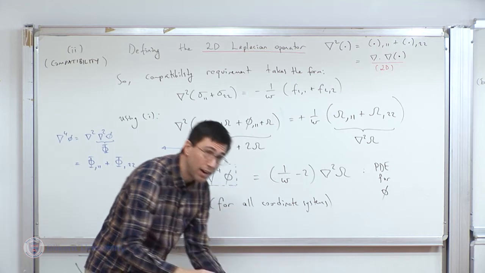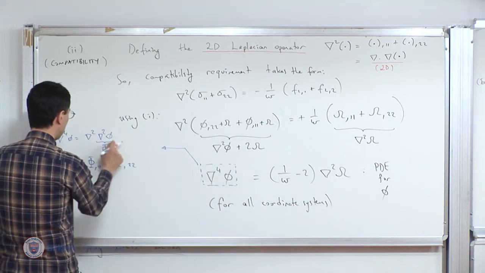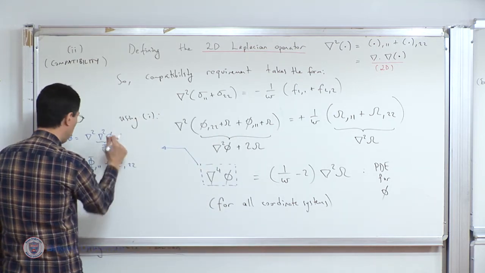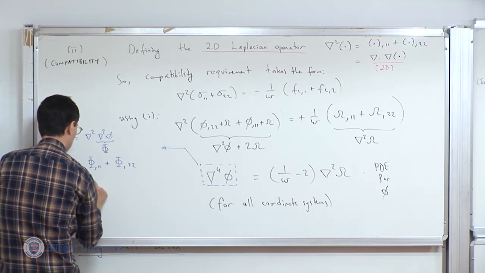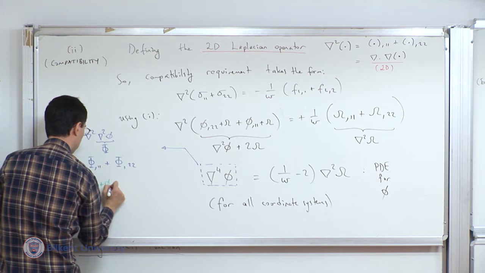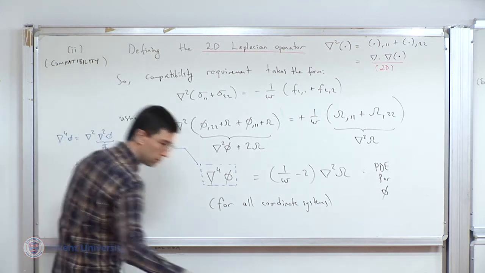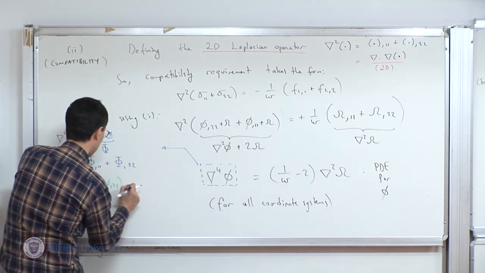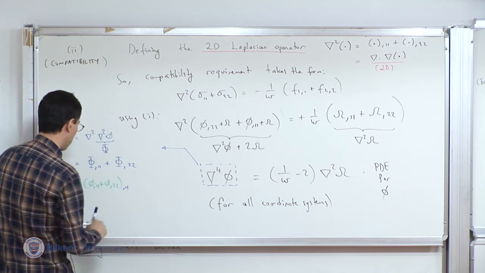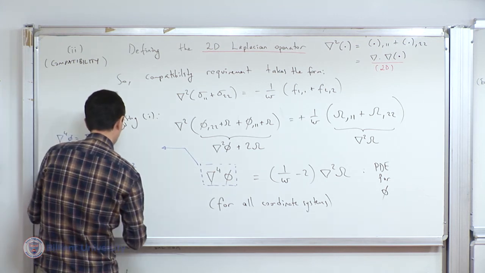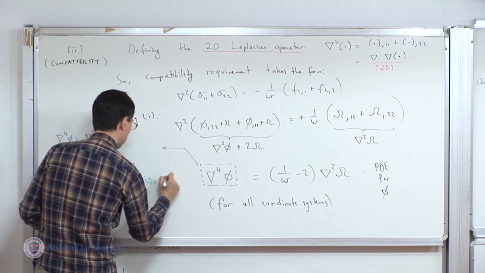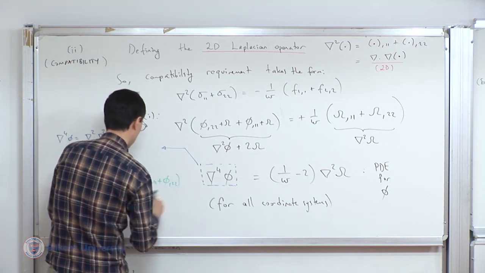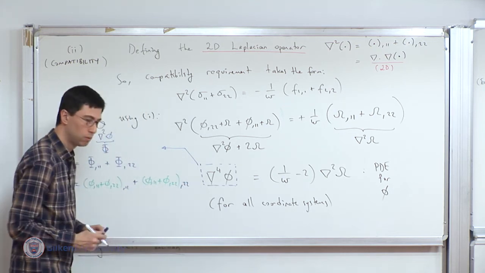But capital phi itself is the Laplacian of small phi. So then I have this equals small phi, comma 1, 1, plus small phi, comma 2, 2, comma 1, 1. Okay. And then plus, again, small phi, comma 1, 1, plus small phi, comma 2, 2, comma 2, 2. Right?